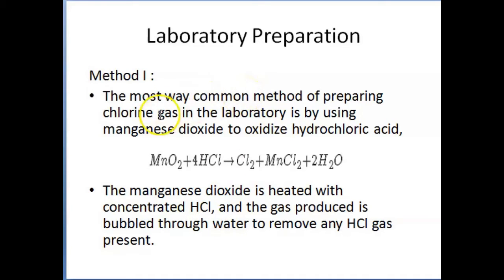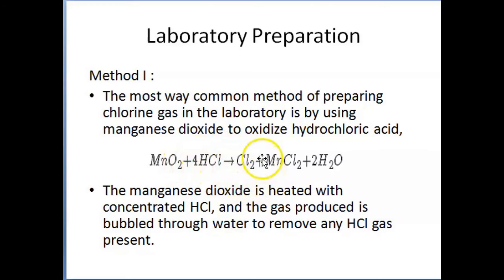If we talk about laboratory preparation, the most common method of preparing chlorine gas in the laboratory is by using manganese dioxide to oxidize hydrochloric acid. That is, MnO2 plus 4HCl will give us Cl2.